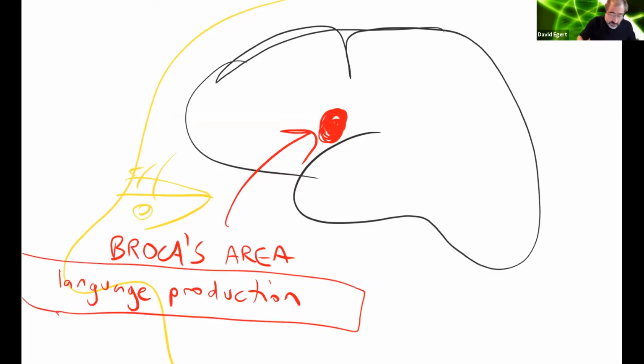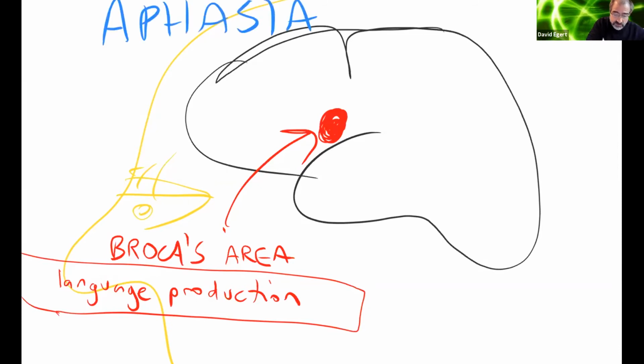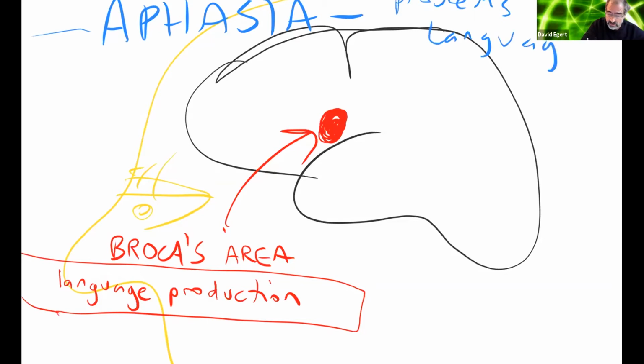So that's what Broca's area does. When there's damage to Broca's area, you can know what you want to say, but it doesn't come out. Any kind of problem with language is called an aphasia. If you have problems with Broca's area, sometimes they call it Broca's aphasia.